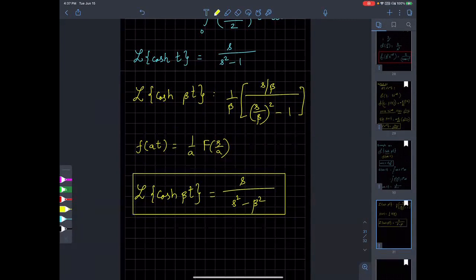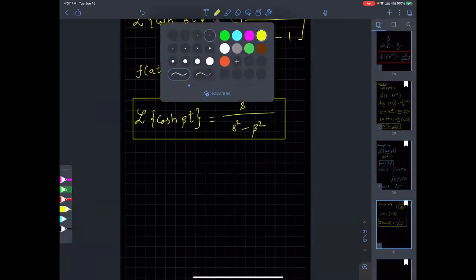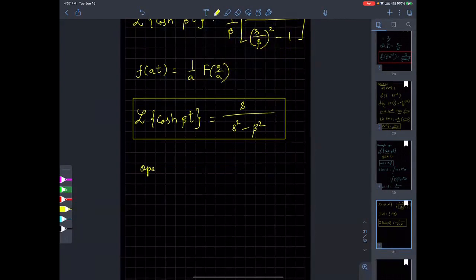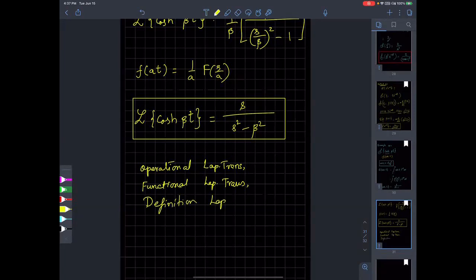Everybody with me? So what we have done is to use operational Laplace transforms, maybe we used functional Laplace transforms, and then of course we used the definition of Laplace transform.